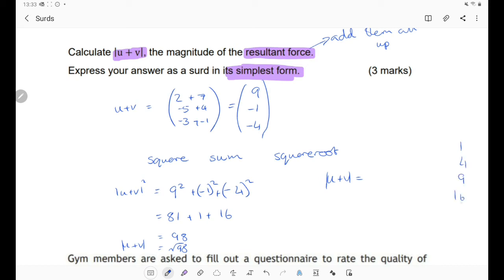Now this one is a little bit higher than most because it's 49. So we've got the square root of 49 times the square root of 2, and we've got 7 root 2.